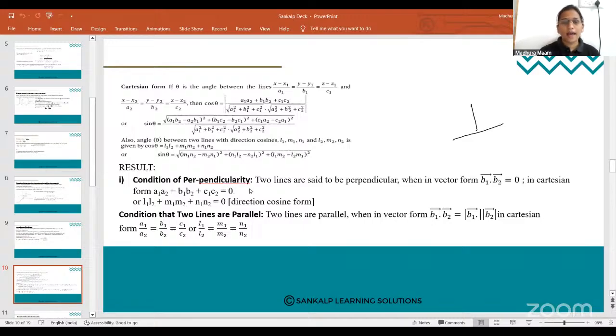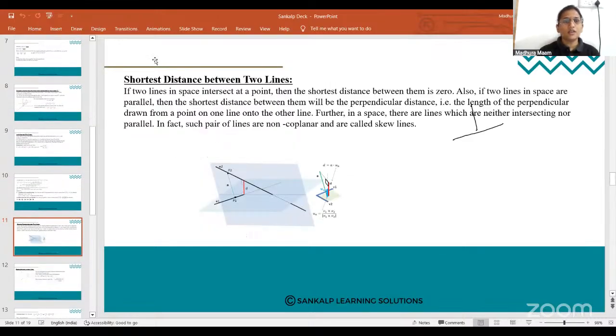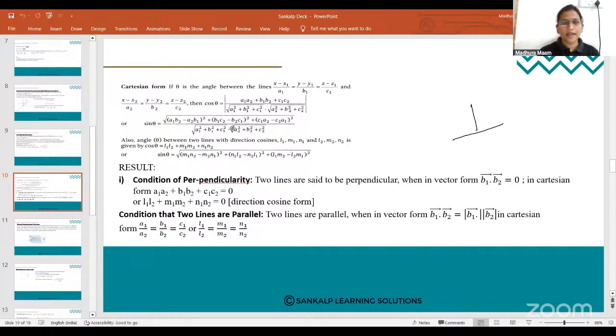For the parallel condition, l1 by l2 will be equal to m1 by m2, and that will be equal to n1 by n2. So these are the few conditions. Based on this angle between the lines, we will continue with questions.